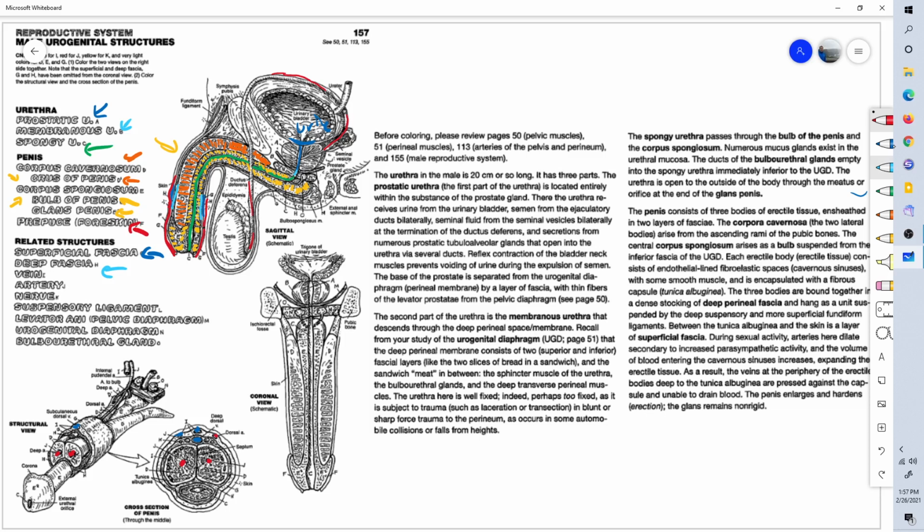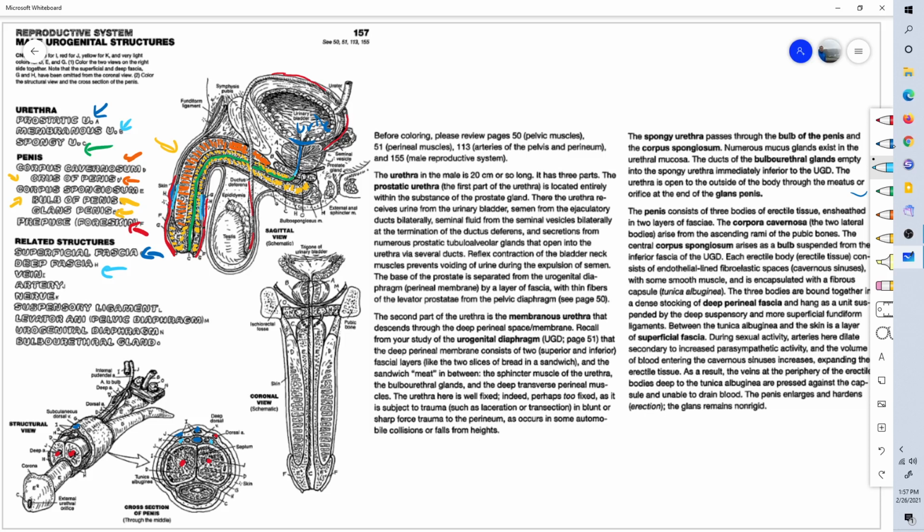We also have nerves running through the superficial and deep fascia of the penis for sensation and neurologic feedback and stimulation.